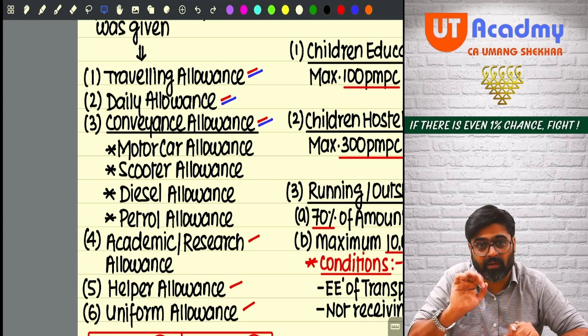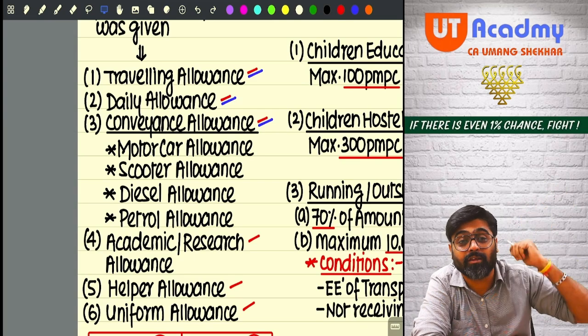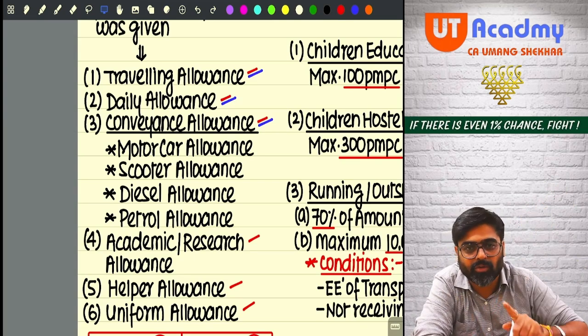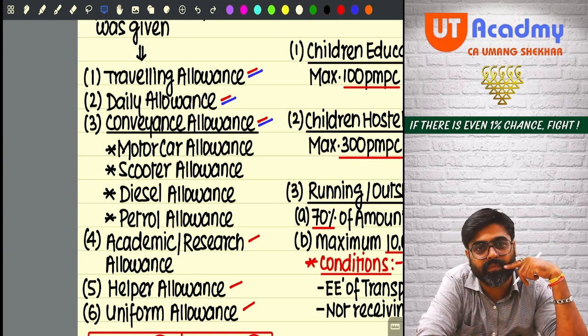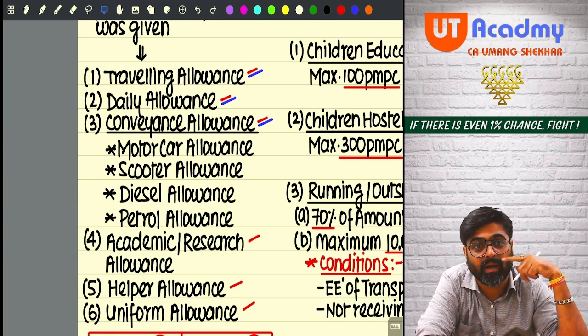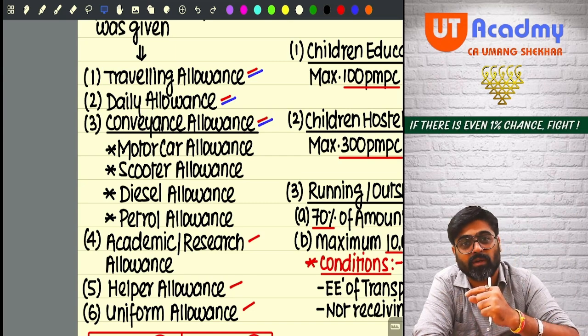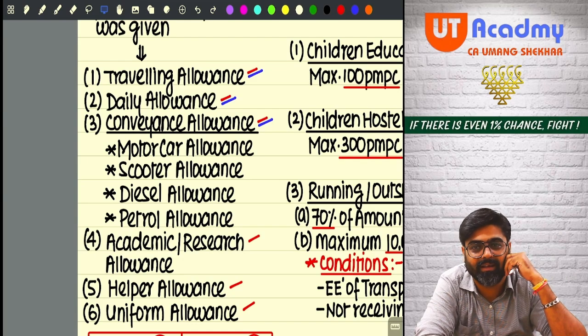D stands for daily allowance actually, but at that time you will recollect D as dearness allowance. Getting my point? So don't make a key out of this, because from T, traveling allowance is there, and T for telephone allowance is also there. Telephone allowance is fully taxable, amount spent ignored. So right now you will remember in this key that T stands for traveling allowance, but after a few days you will forget what T stands for. So remember the full name.